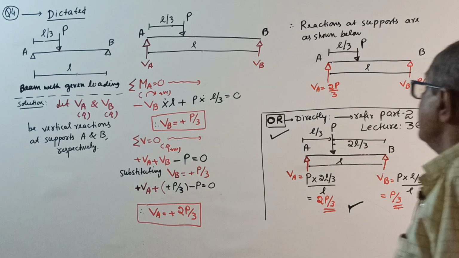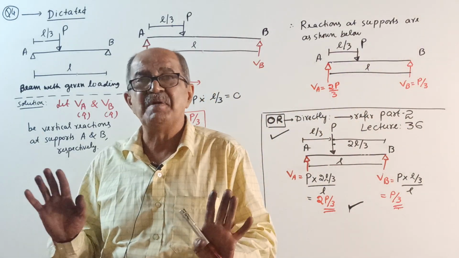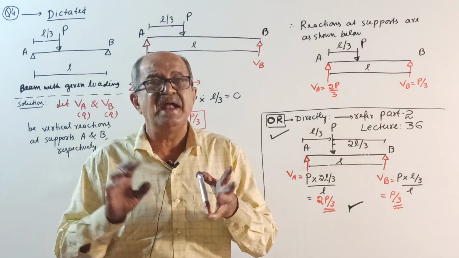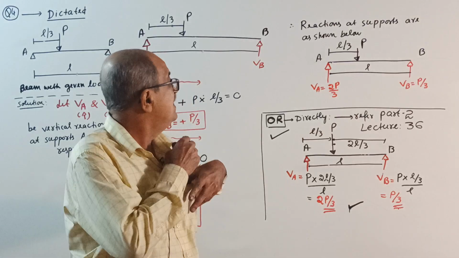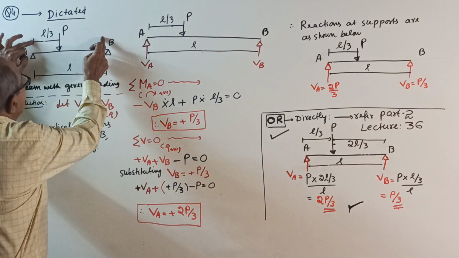Yes. As I was going to pause the recording, I suddenly remembered. See, this is only for those who can understand. See correctly now. See the question. L by 3, 2L by 3.